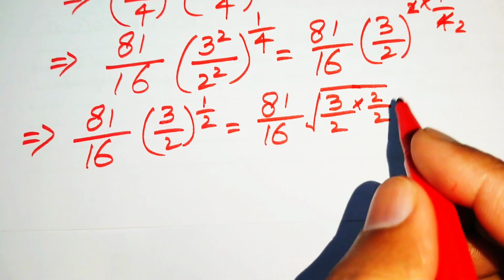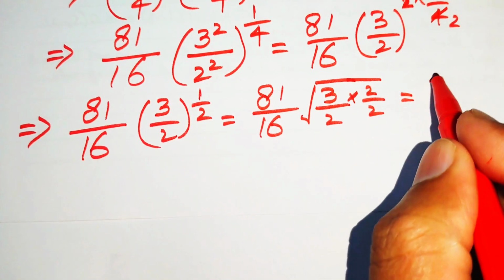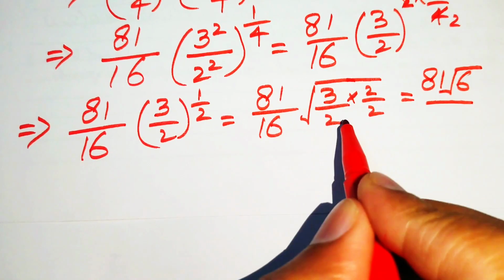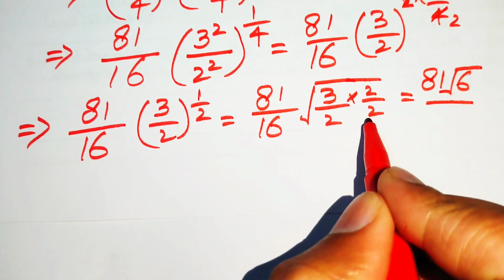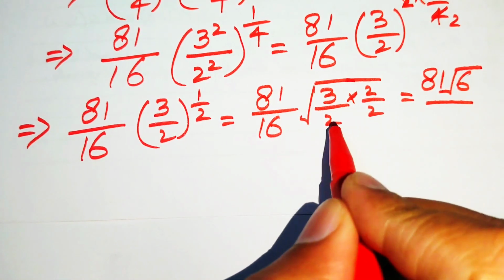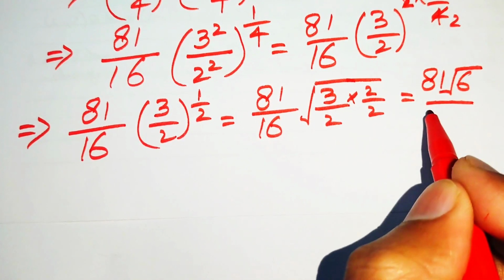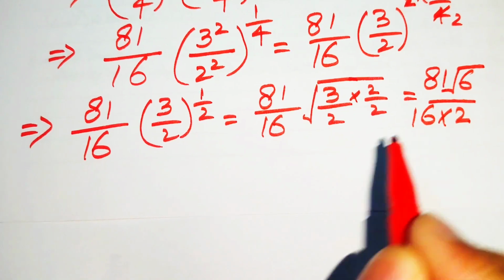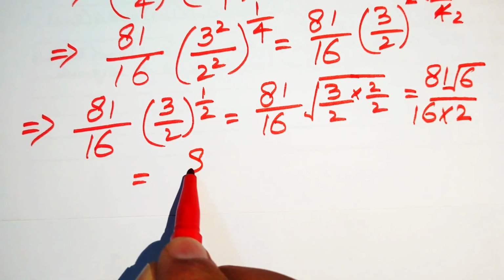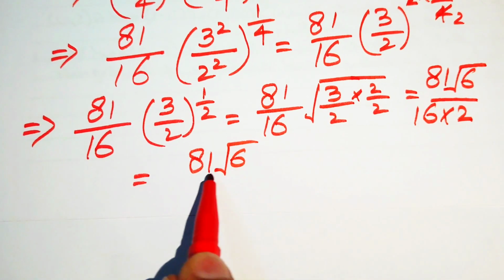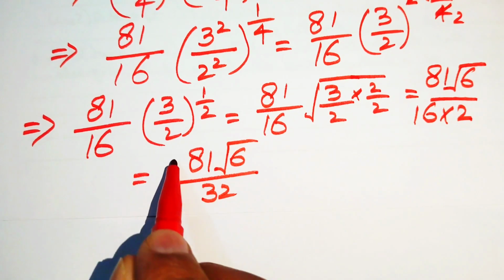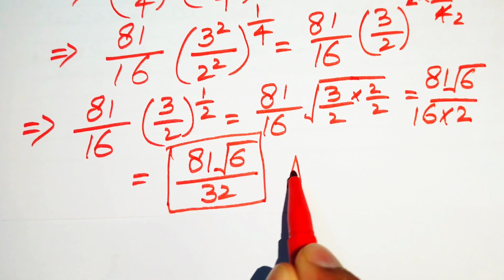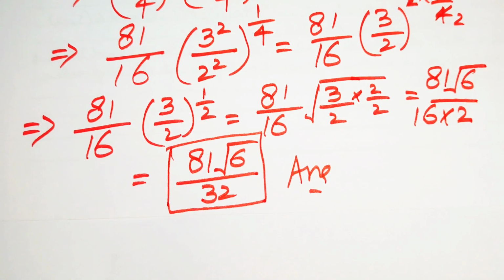So this becomes 81 into the square root of 6 divided by 2 times the square root of 2 times 2, and the square root of 4 is equal to 2. So 16 times 2 gives us 81 into the square root of 6 divided by 32. This is our simplified answer in the second method, and this is the final answer.